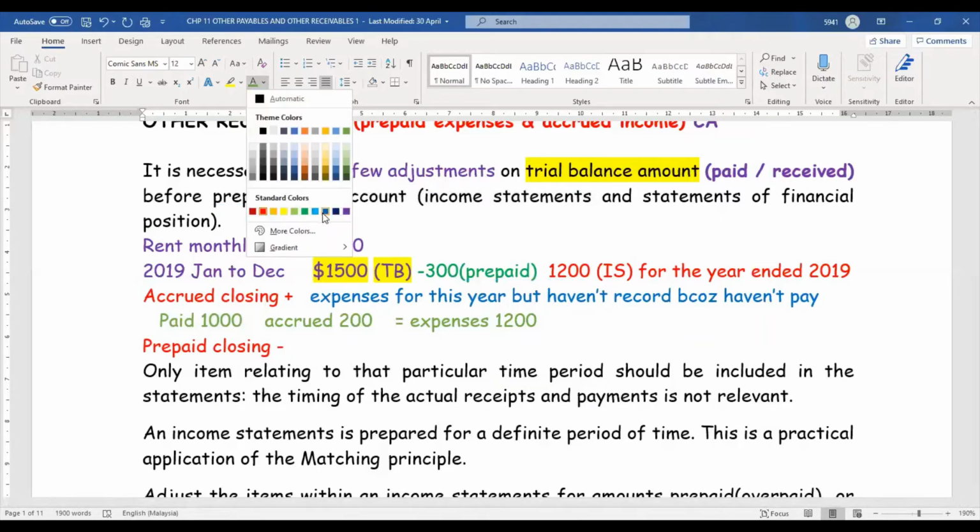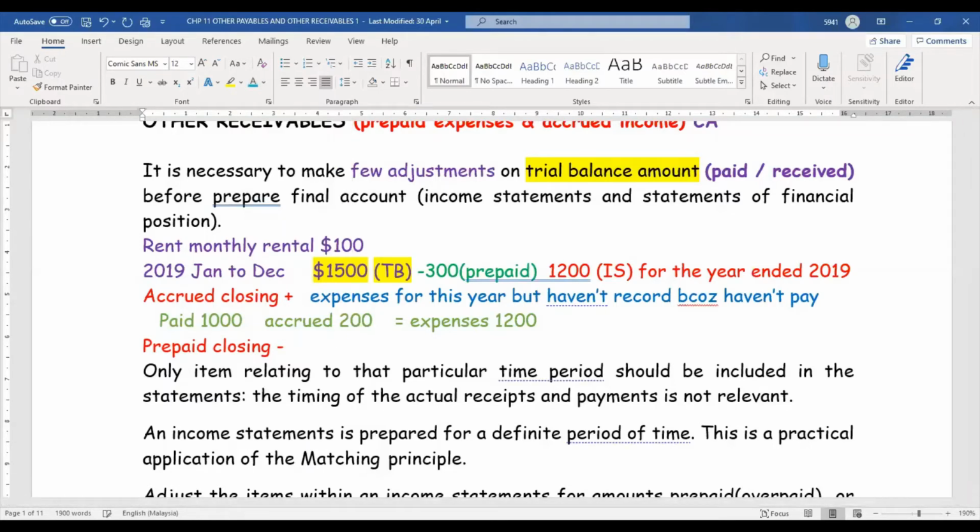Okay, we continue. Prepaid closing, you need to minus. Why do we need to minus? What is prepaid closing? Prepaid closing is expenses for next year which have been paid.